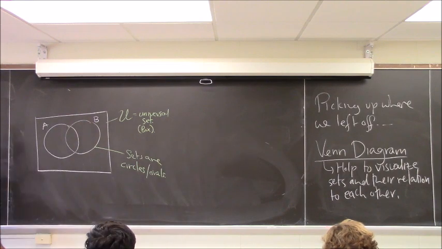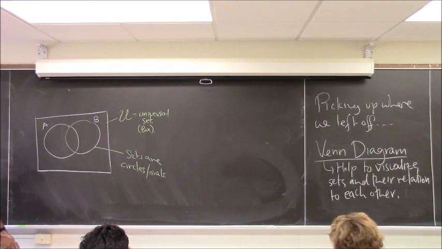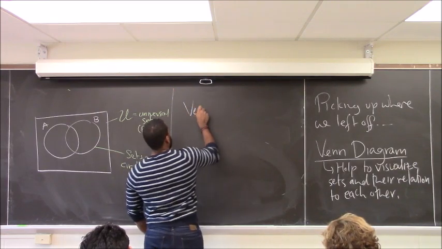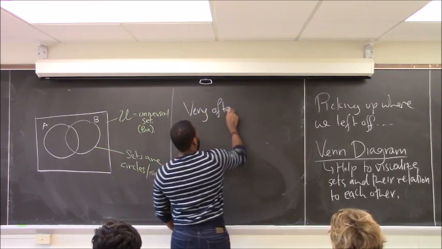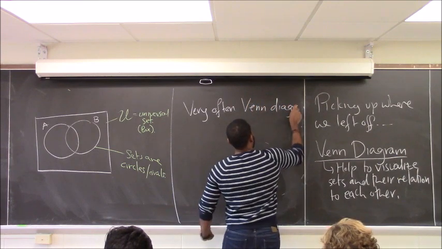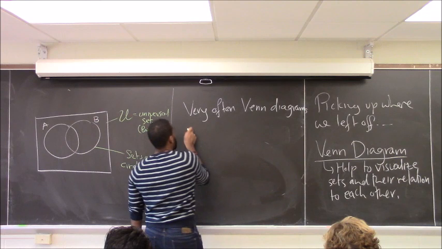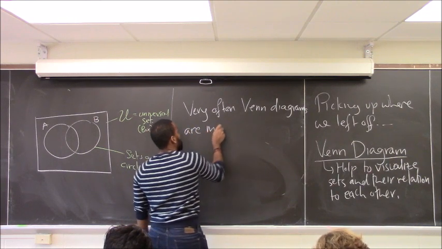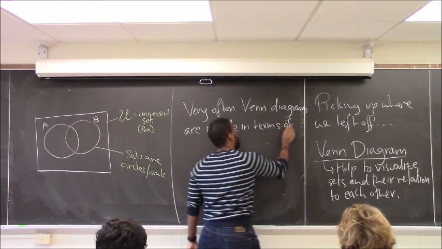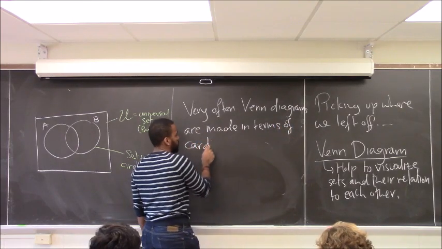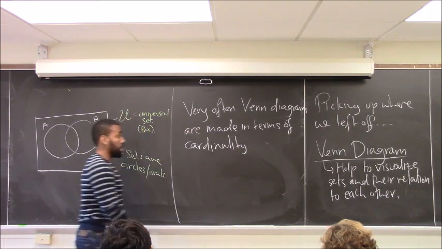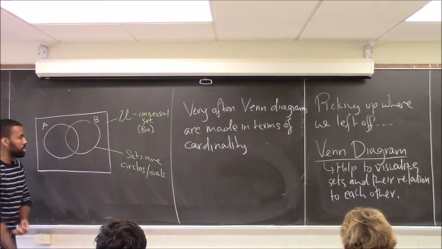Now, one thing that you might want to know is very often Venn diagrams are made in terms of cardinality. Now remember I told you what cardinality was. That was just the size of the set. Or if your set is finite, it is just the number of things in the set.